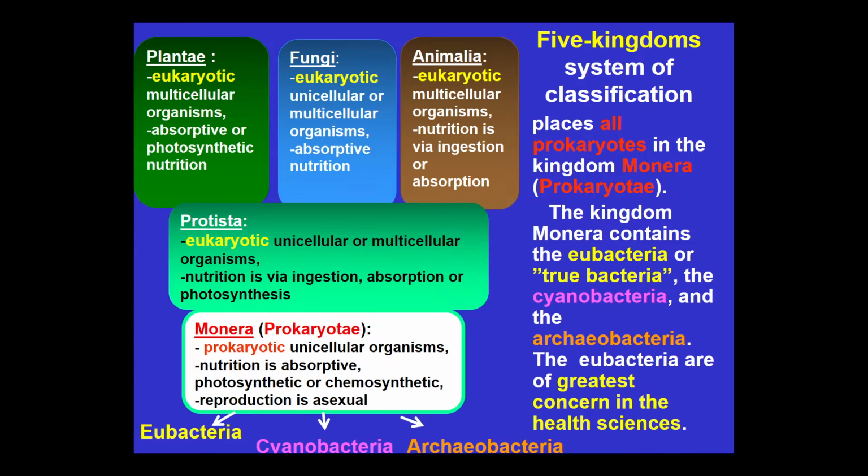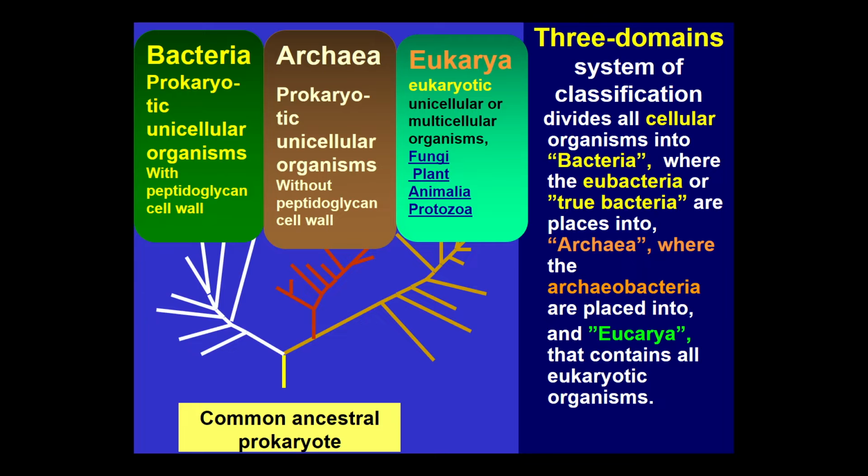And the thing is that now we may see two ways of classification of all living things on Earth. These two approaches are the old approach, the five kingdom system of classification, and the next one is the three domain system of classification.